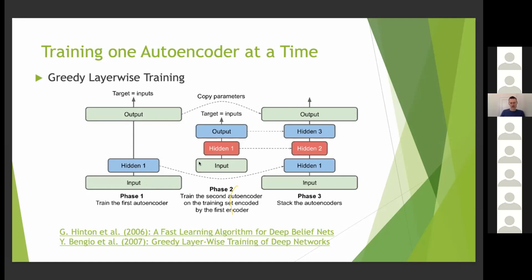Once we get one that looks good, we'll try to get another layer in here, and eventually we can take all these things together and build this thing up one layer at a time rather than trying to train everything. This is another approach that was used a lot. You can see the 2 references here are pretty old, but now it's been overcome by the advancements in training and the techniques from some of the earlier chapters, where we can train deeper networks a lot quicker and more reliably than we used to be able to.